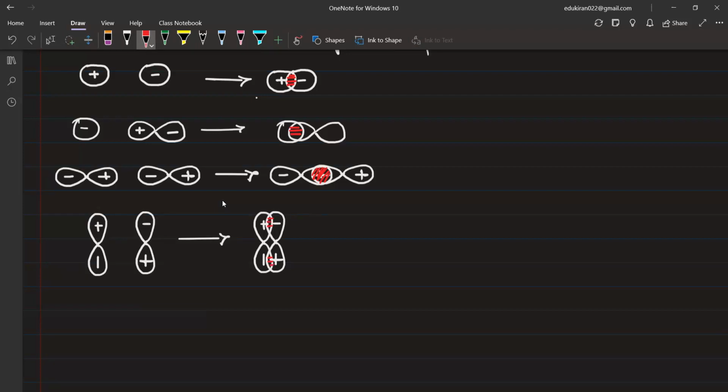So all of these are going to result in what? All of these are going to result in repulsive forces.